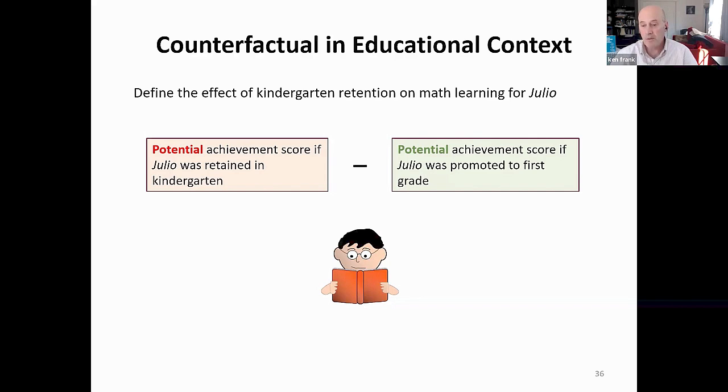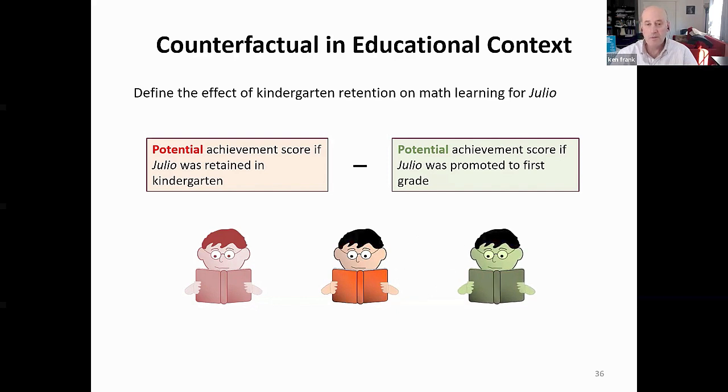To know the effect of being promoted in kindergarten on Julio, we would need to see two Julios, one in which he was retained on the left, and the one on the right in which he was promoted. And then we could compare those two and know the effect of retention for Julio. So the problem of causal inference is that you can't see both those things for a single person.